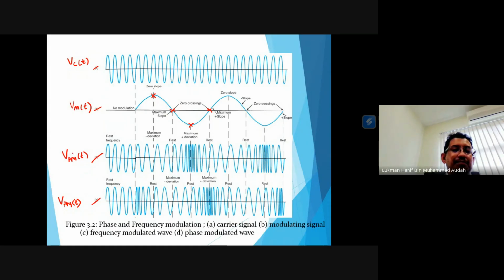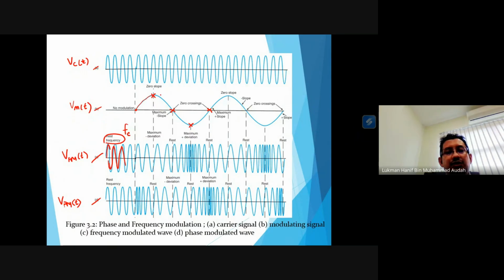Let's go through picture C. At the beginning, before we have the input signal, the carrier frequency would be at rest frequency. Rest frequency means it is located at Fc. Then we have the input signal starting from 0 until maximum positive.